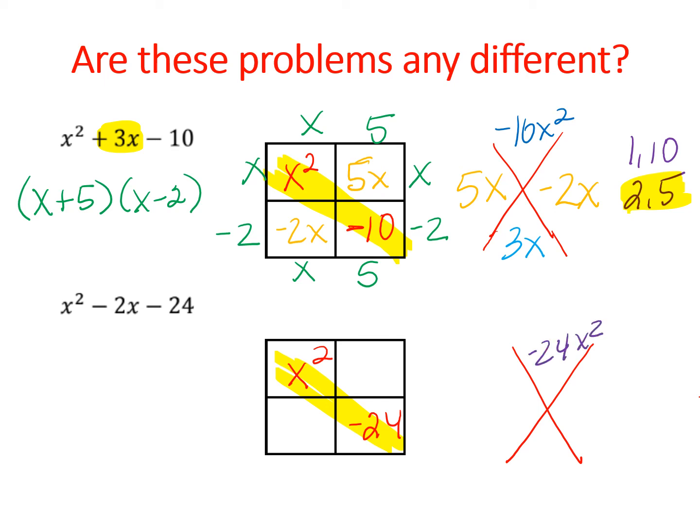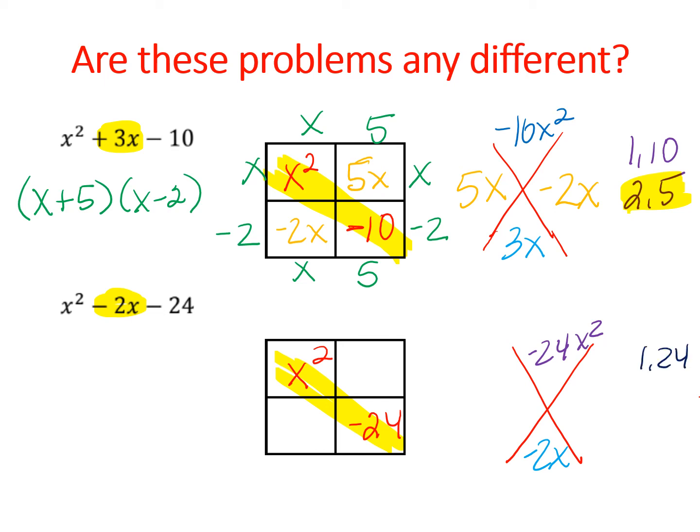And then we still want them to add up, but this time we want to get a negative 2x. So again, I'm not going to focus so much on the negative part to start with. I'm just going to think about the number 24 because I don't really know where my signs are going to need to be. So I'll jot these down.